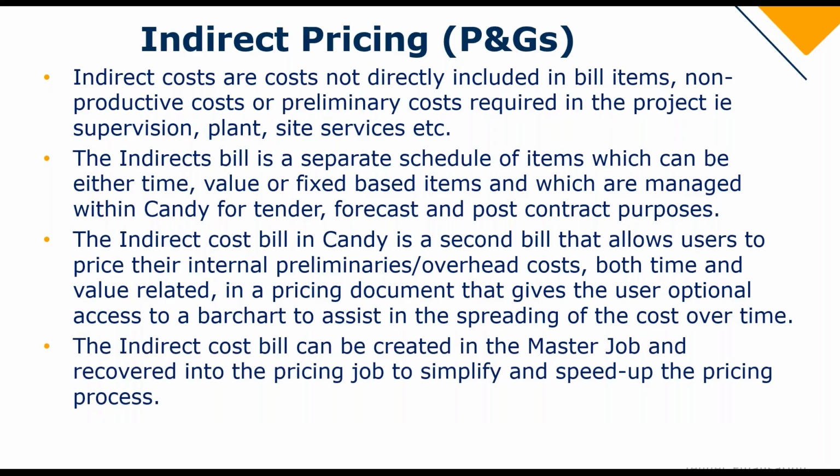The indirect cost bill can be created in the master job and recovered into the pricing job to simplify and speed up the pricing process. So this is a really nice feature in Candy. You're able to manage your PNGs and do a monthly claim against yourself. So you're able to see how much money you will be receiving.